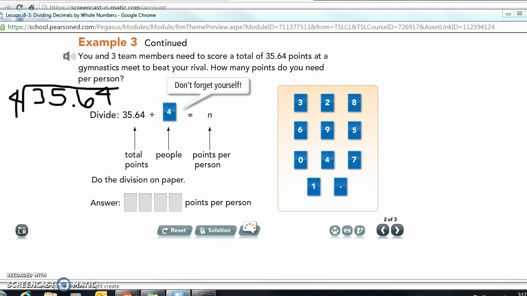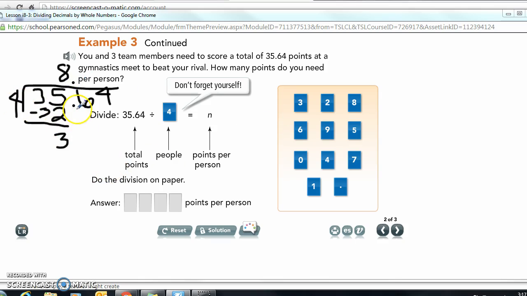Well, I know 4 times 10 is too much. That's 40. 4 times 9 is 36. So 4 times 8 is 32. Three minus 3 is 0. 5 minus 2 is 3. Okay, I'm going to bring my decimal straight up so I don't forget.